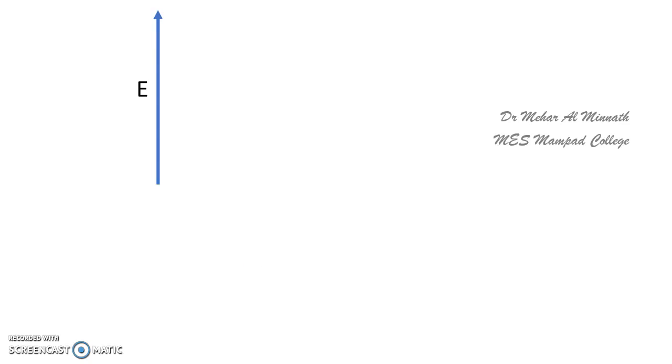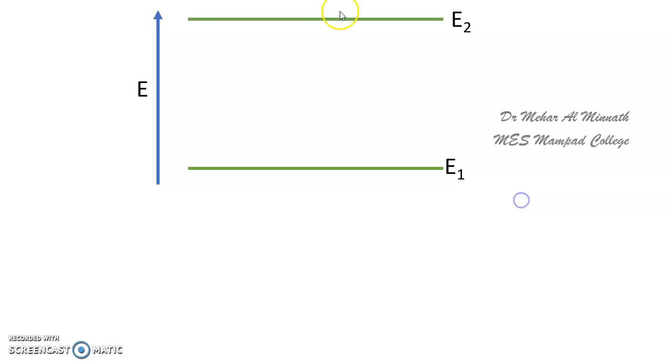Now, if we just depict the energy levels which we had written earlier, we have the lowest energy level, take it as E1, and the next higher energy level E2. So when a sample is irradiated with electromagnetic radiation, the energy of the sample increases from E1 to the higher energy E2, and that's called absorption.